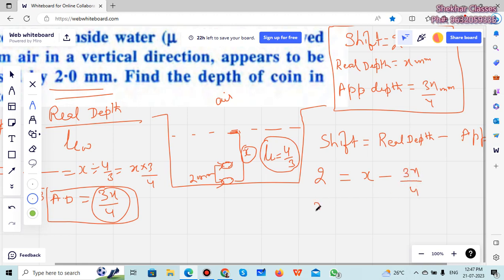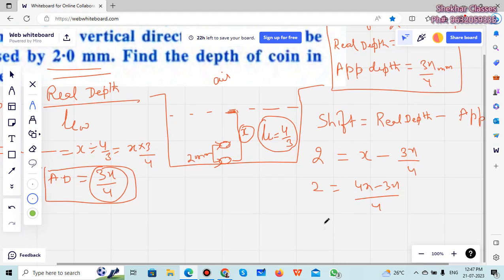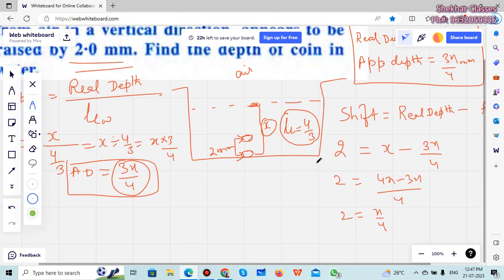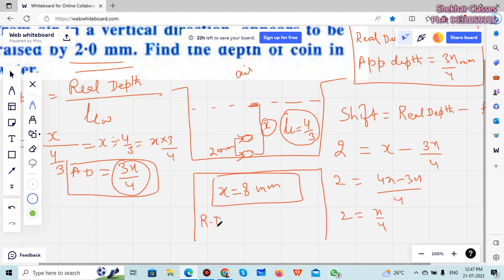Solve it. So 2 is equal to x minus 3x/4. So 2 is equal to x/4. And then we can solve it. What we'll get is x is equal to 8 mm because it was mm. And what is x? X is the real depth. So real depth is equal to 8 mm, and this is the answer here.